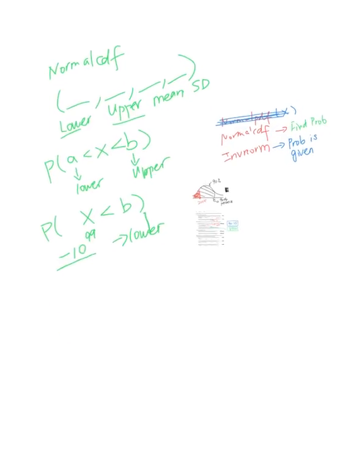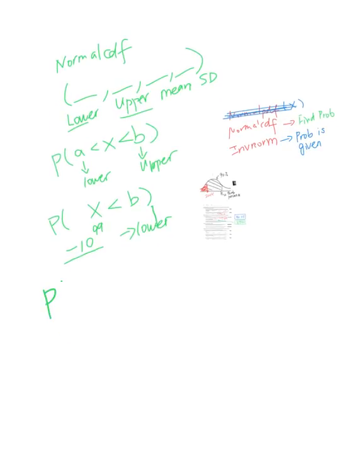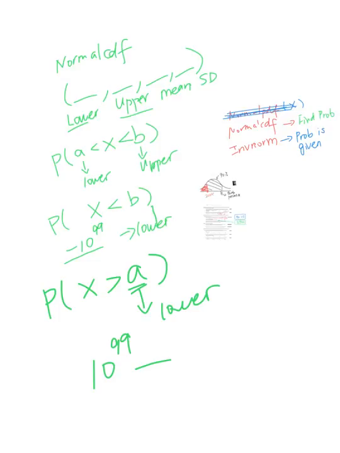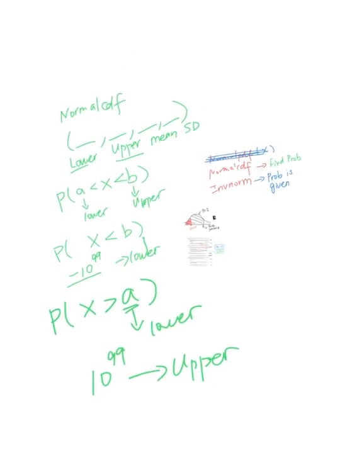If we are looking for the probability for x bigger than A, we don't have an upper, we only have a lower. So A is the lower. We use 10 to the 99, a very, very big positive number, to approximate positive infinity. This is your upper. This is how we use the function normal CDF.